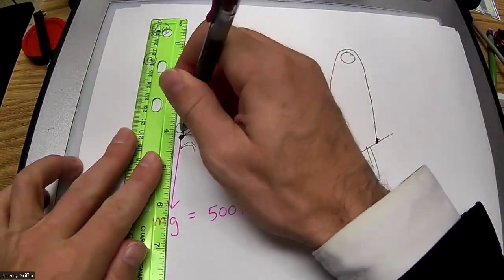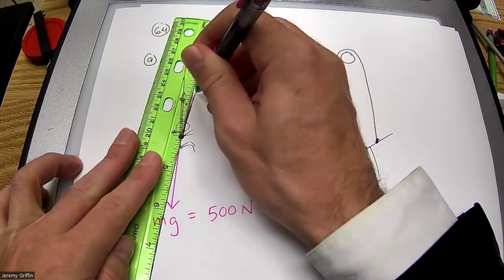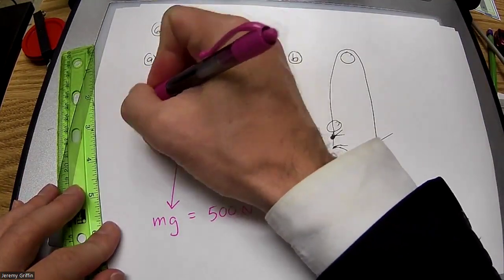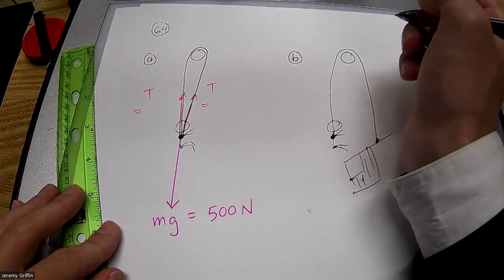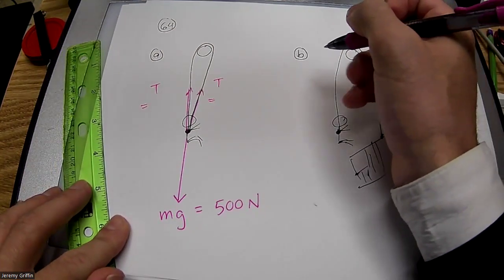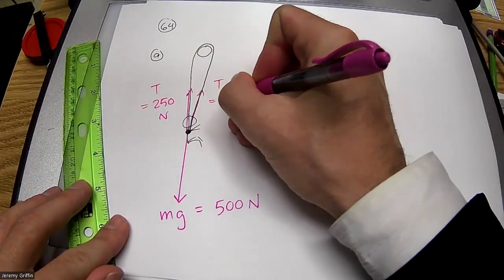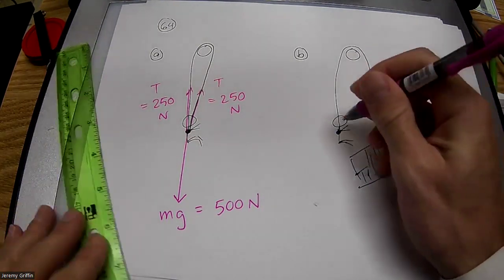So, guys, what is approximately the tension in this rope? Tension equals what? Is that pretty close to 250 newtons? You guys see 250 newtons?